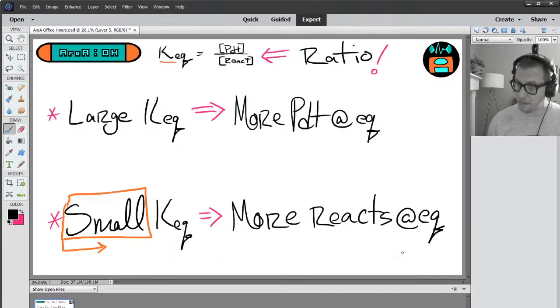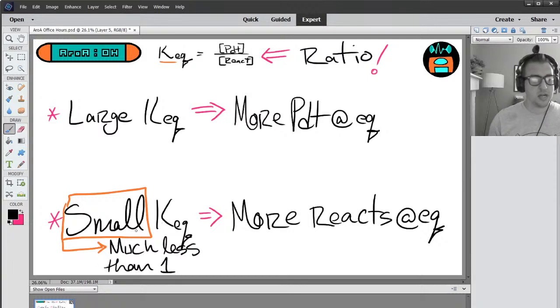When I say small, I should say much less than 1. And when I say large, I mean much greater than 1.